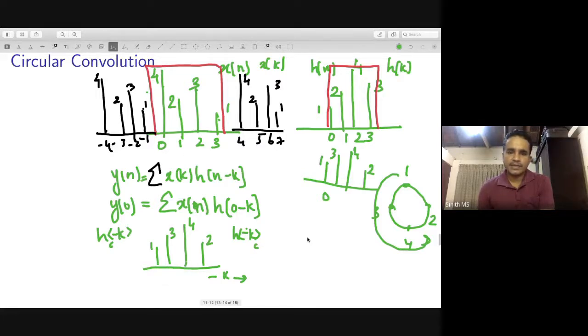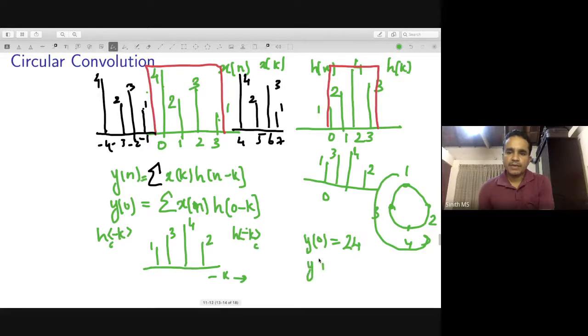To get y[0], you have to multiply these two and add together. So 4 into 1 plus 2 into 3 plus 3 into 4 plus 1 into 2. So what will you get? 4 plus 6 plus 12, 22, 22 plus 2, 24, right? So y[0] will be 24.